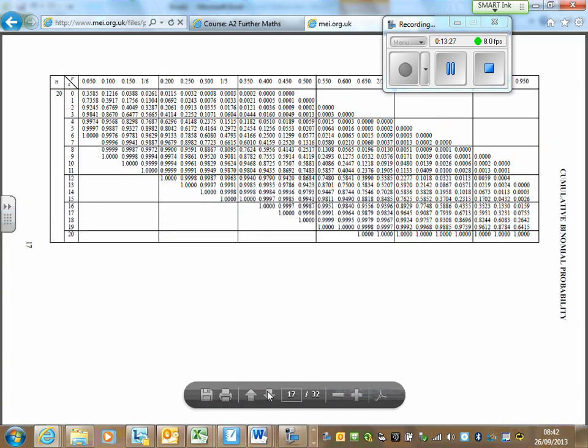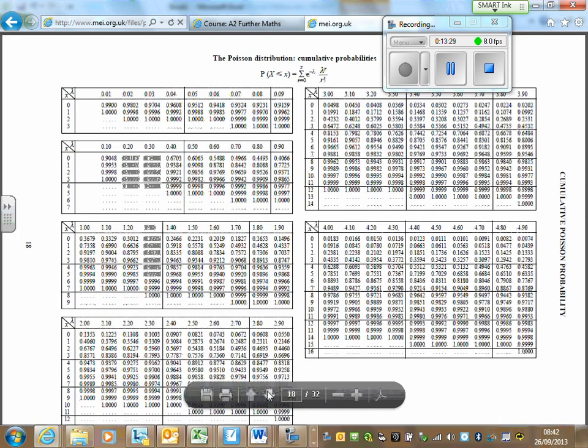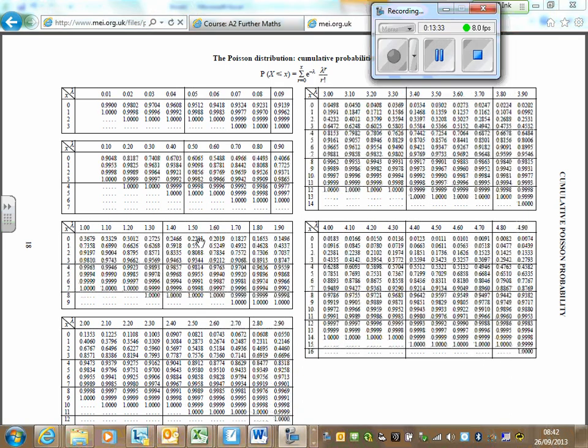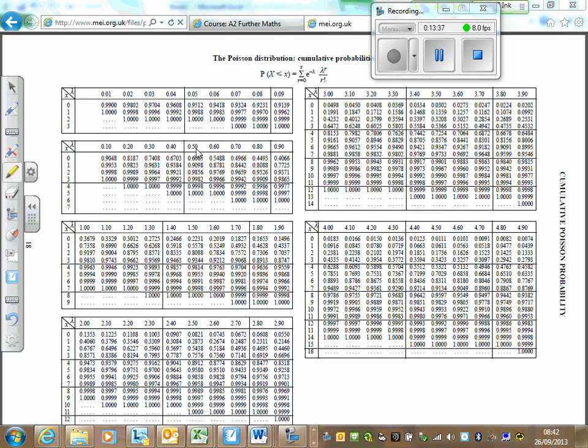We want Poisson. Right, we want a Poisson. Lambda is 0.5. So where are we dealing with? Okay, so we're dealing with these here. I want a pen. There we go. And in particular, we want that 0.2. So it's this one here, 0.9856.